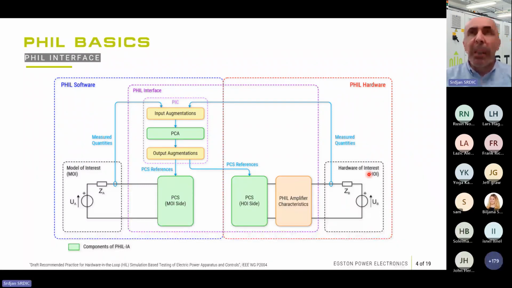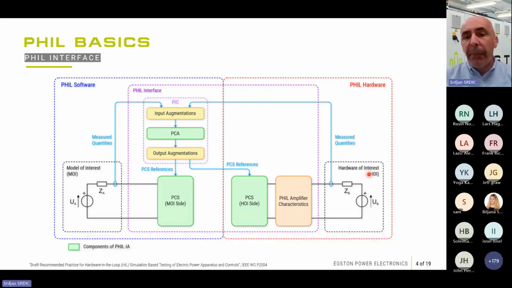Another thing that needs to be taken into account is, as I already mentioned, those imperfections or limitations of the power amplifiers. Those need to be very well known to the people that are using those power amplifiers.